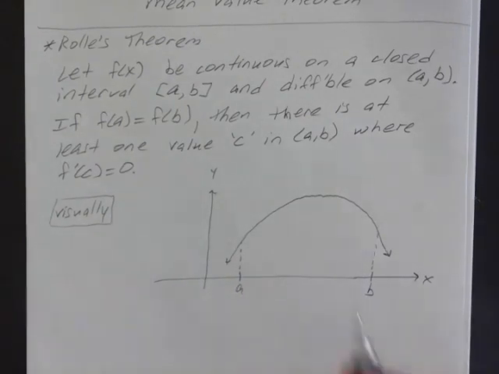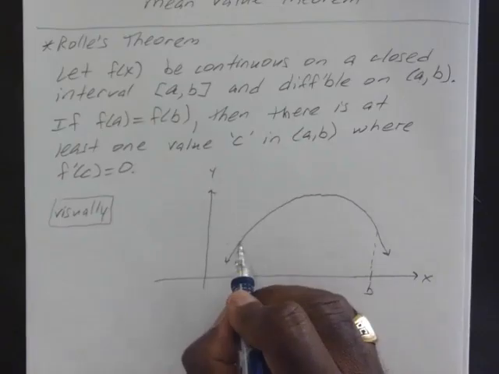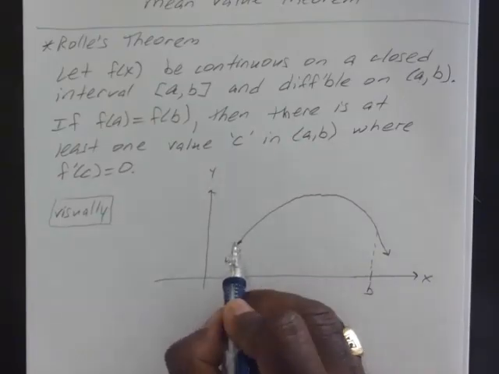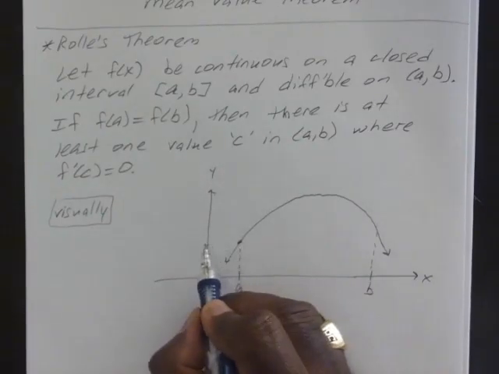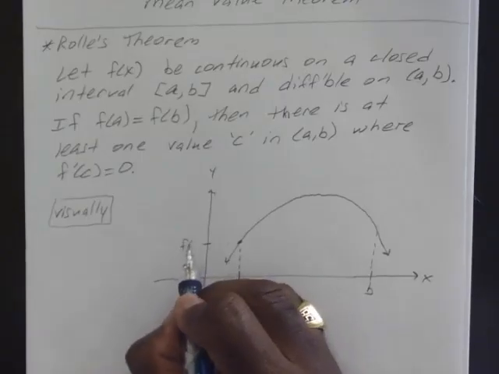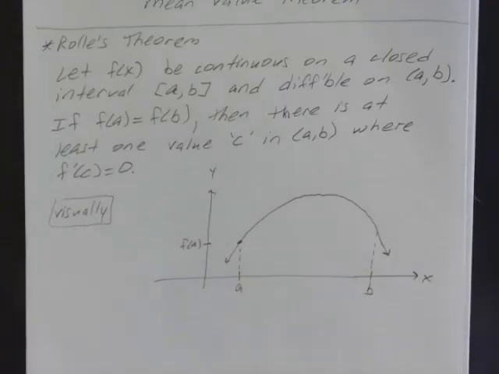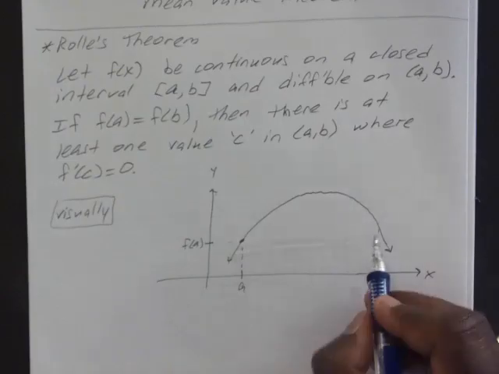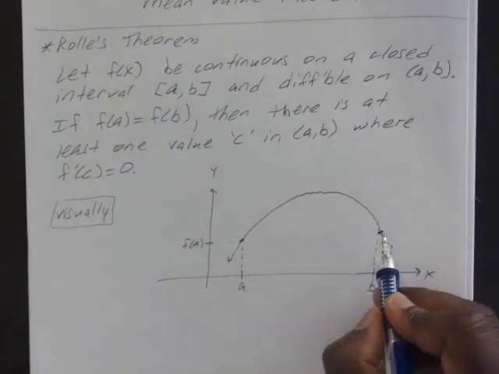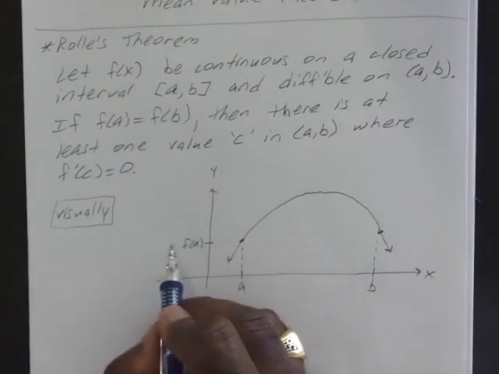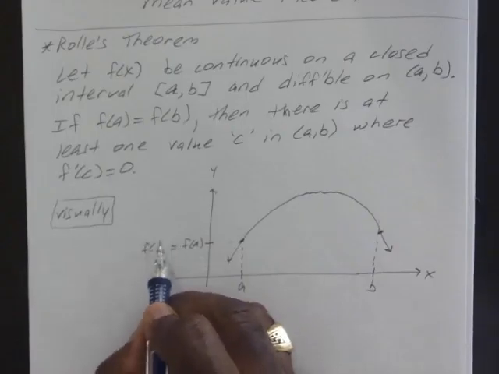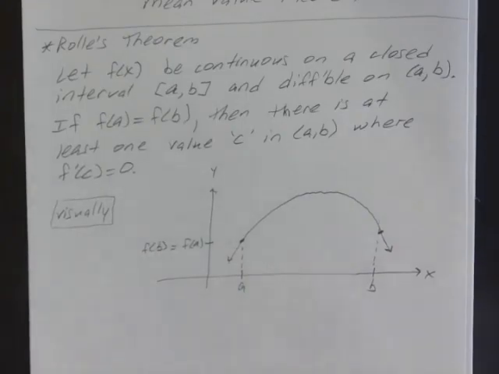Okay. So let's say we know that there's a point here where if you plug in a, you'll get f of a. And if you plug in b, you'll get the same value, f of b. Okay, so they're equal to each other.